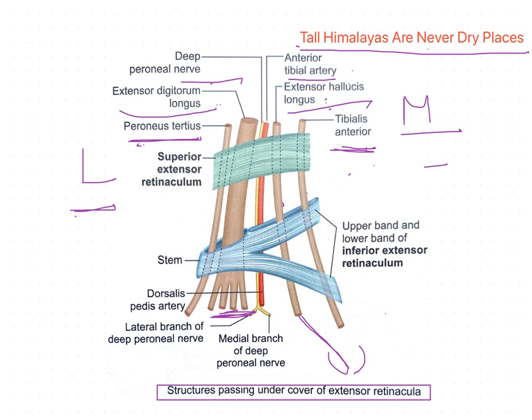T represents tibialis anterior, H represents hallucis, that is extensor hallucis longus, A represents the anterior tibial artery, N represents the nerve, that is the deep peroneal nerve, D represents digitorum, that is extensor digitorum longus, and P represents the peroneus tertius tendon.